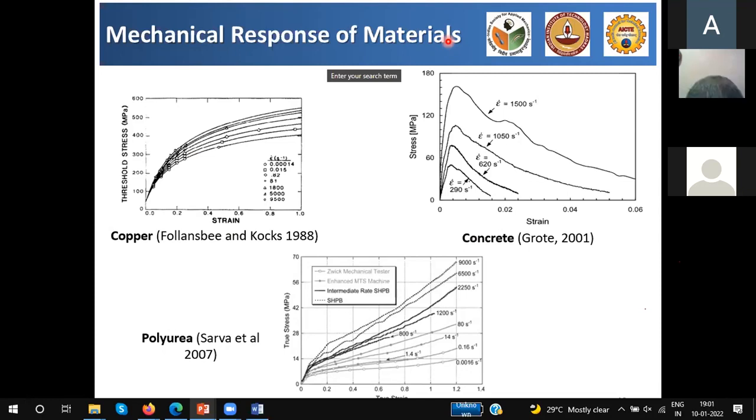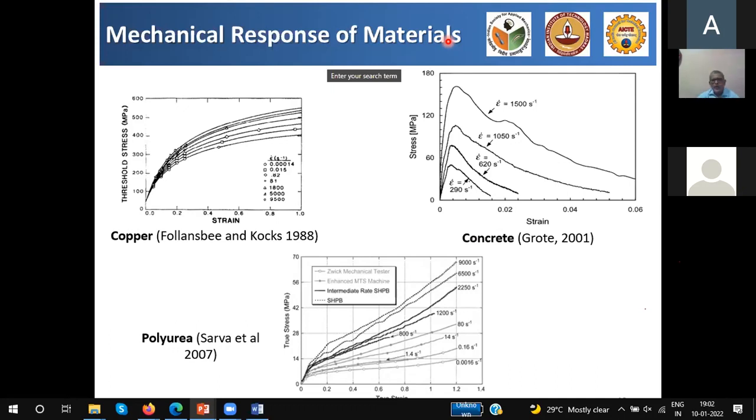Similarly, when you're talking about a polymer like polyurea, the strains involved are quite large. They are of the order of 1.2%, etc. And you find a wide range of post quote unquote yield behavior in the polymer.